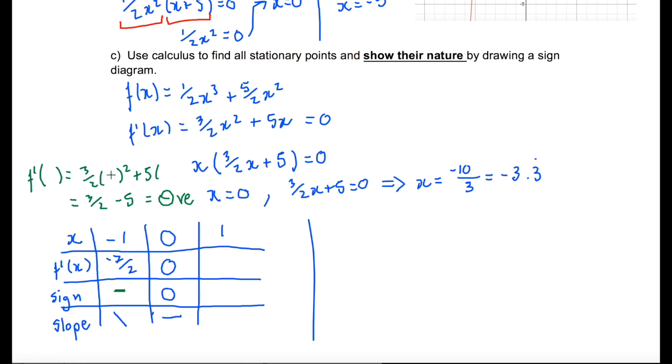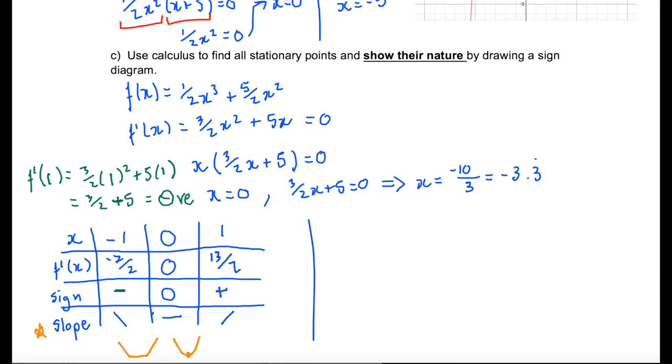Alright, so that's got to be a 1, so we're saying f dash of 1. So it's 3 on 2 plus 5 this time. So 3 on 2 plus 5 is 13 on 2. So f dash of x is 13 on 2. We know that's positive, and we know that a line that is positive slopes up like this. So from the slope, we can see that our line has to go like this, and then it goes down like that and like that, aka it is a minimum.